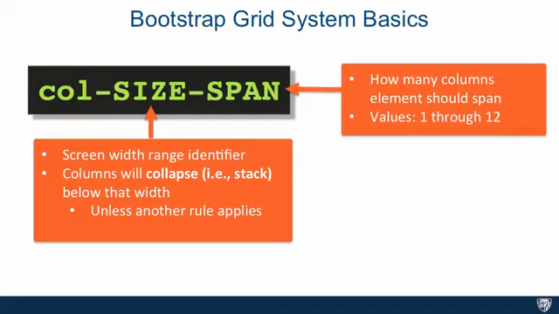And the span is really all it is: how many columns the element should span. So the values are from 1 to 12. And I've mentioned many times that Bootstrap is a 12-column grid layout. And what that means is the columns will add up to 12, so if you specify, let's say, 4, 4, and 4, that will add up to 12. If you start specifying more than 12 columns within the row, well, they'll do what other floats do, which is that they will wrap to the next row.